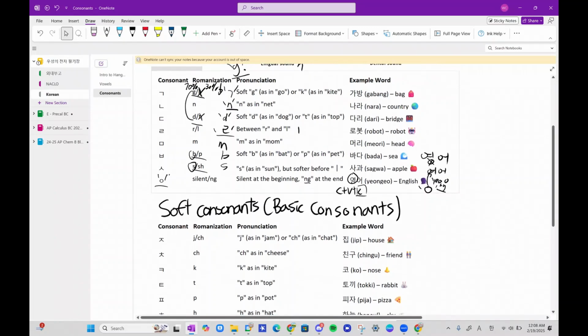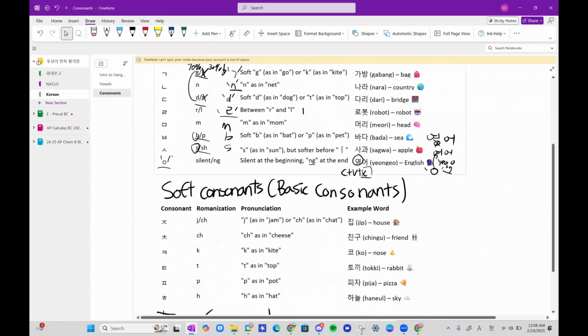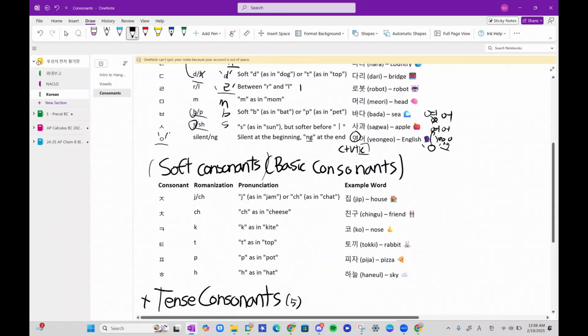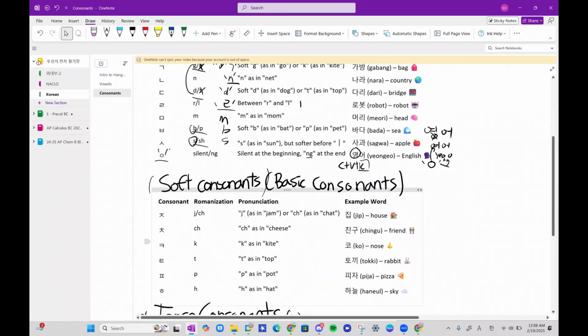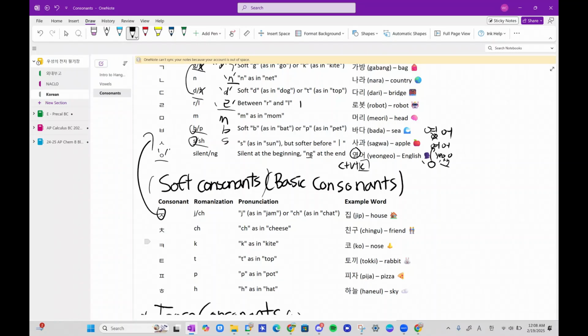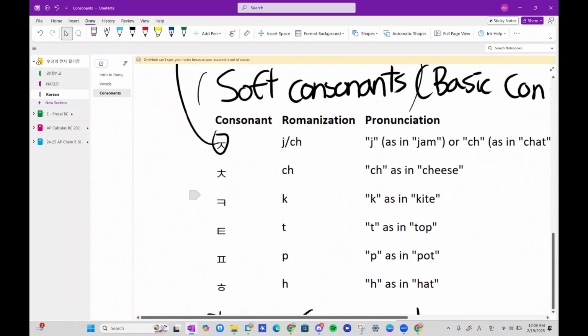And these are also basic consonants, but they're also separately called soft consonants because they are pronounced more softly. And by the way, this goes into the basic consonant category. These are formed by adding one line to an existing consonant over here.